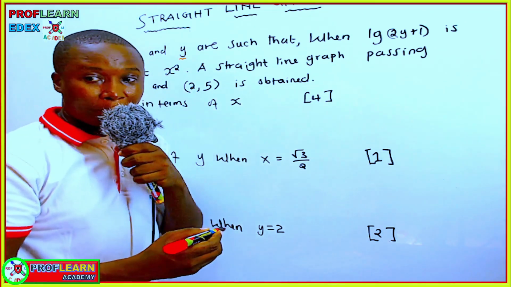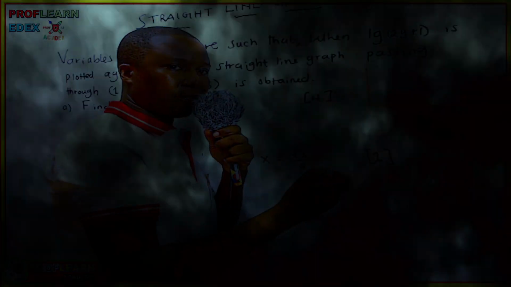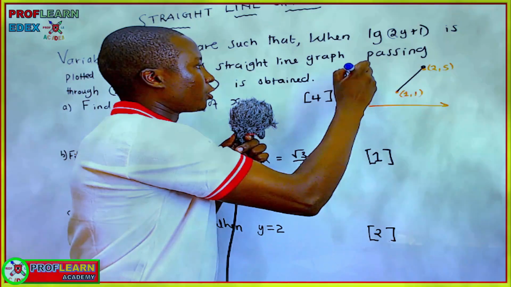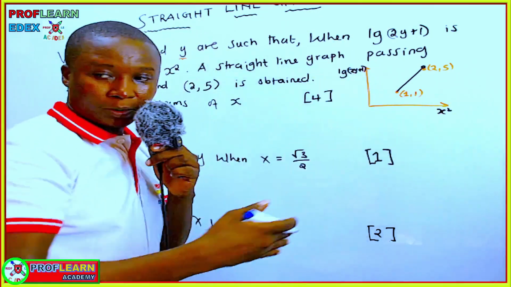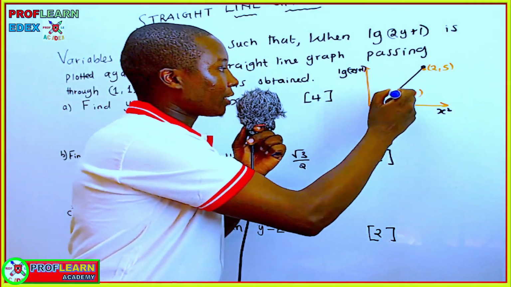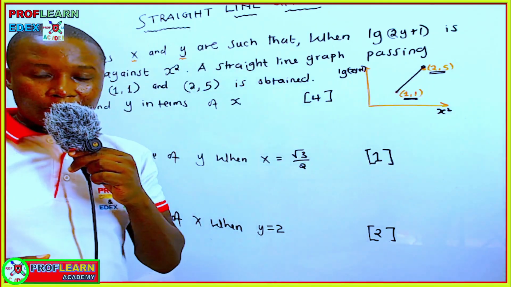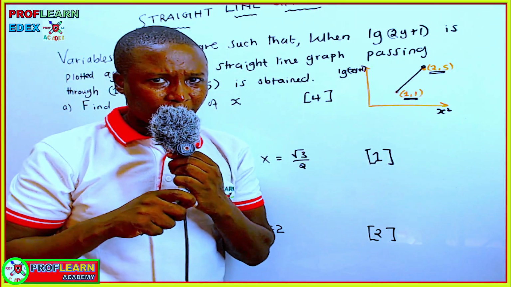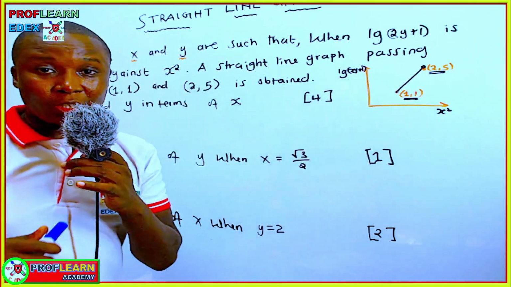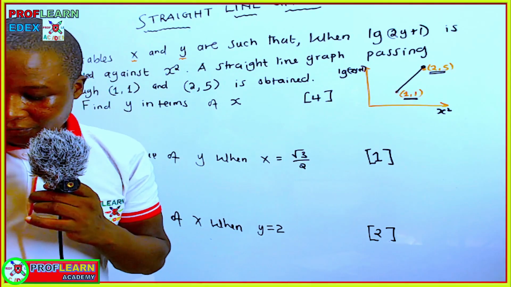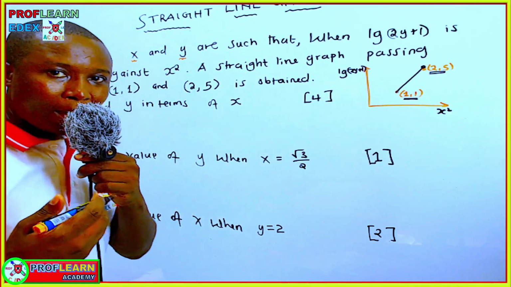Something that we need to appreciate here is that this is going to be a straight line graph, log of 2y plus 1 against x squared. When that is plotted, we are going to get a straight line graph that passes through the points (1, 1) and (2, 5). In order to work out this question, it's very simple, because we know this equation obeys a straight line graph, so it's going to obey the rule y equals mx plus c.